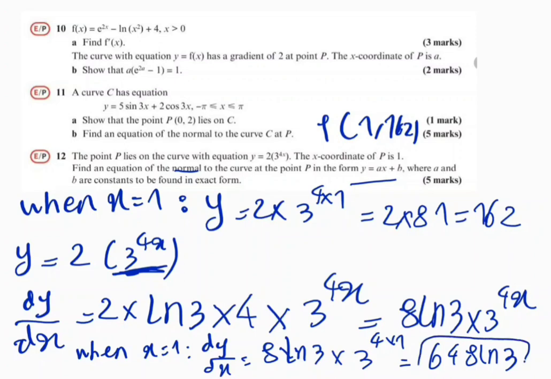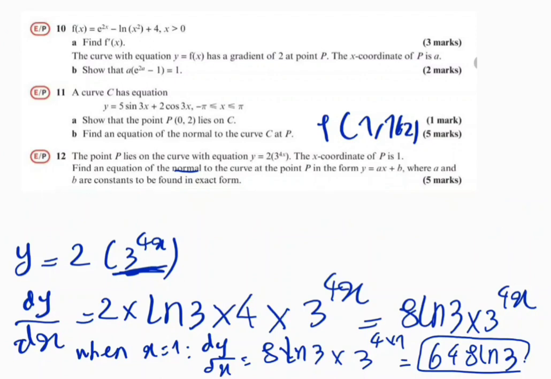Now we just need to do one more thing, which is again working out the equation of the normal. This is the gradient of the tangent, and the gradient of the normal is always the negative reciprocal, minus 1 over 648 ln 3.